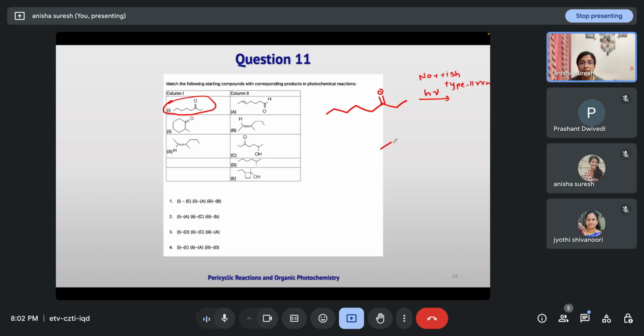So what will happen? O dot, this will be forming, and alpha, beta, gamma, this proton will be abstracted, right?